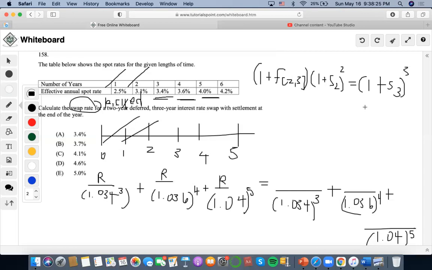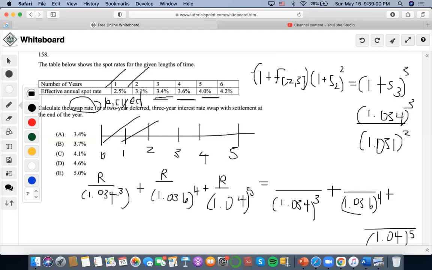Now let's solve. I'm going to input spot rate at 3, 1.034 to the 3rd power. Then I'm going to divide it by this spot rate at 2, which is 3.1, so 1.031 to the 2, right?